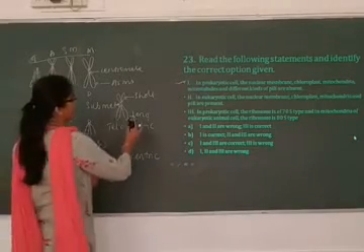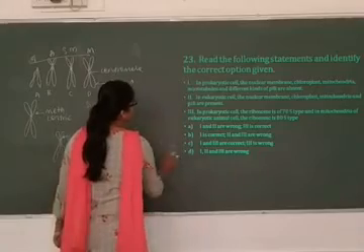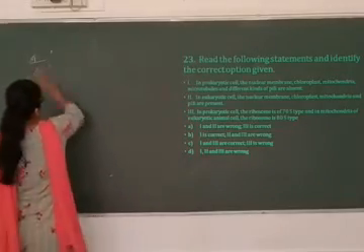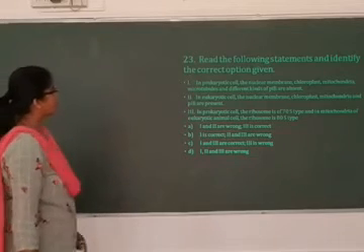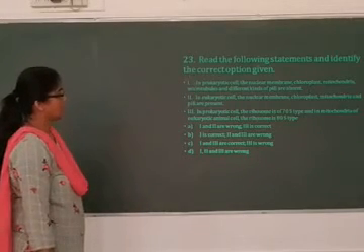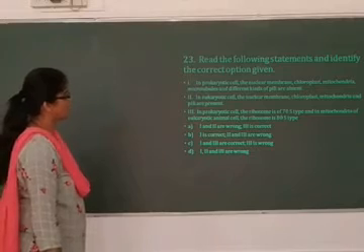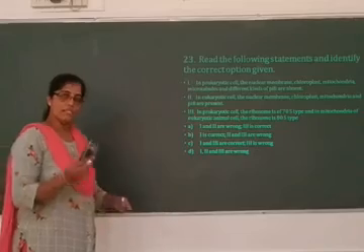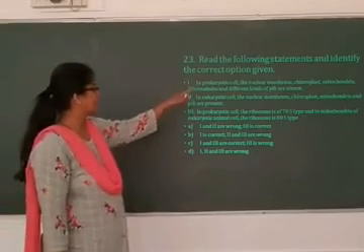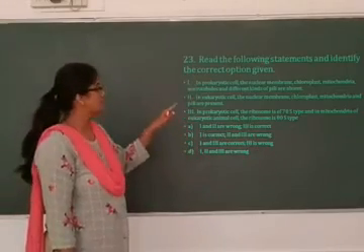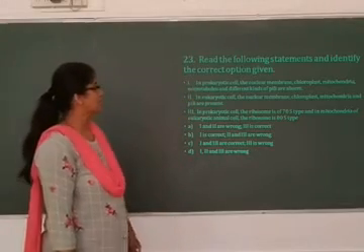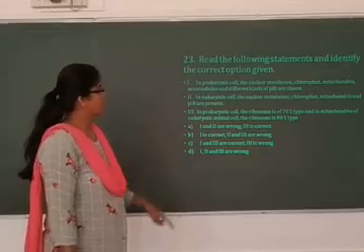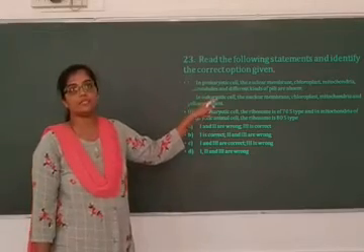Read the following statements, identify the correct options. The first statement: in the prokaryotic cell, the nuclear membrane, chloroplast, mitochondria, microtubules, different kinds of pili are absent. Of course, in prokaryotic cells nuclear membrane, chloroplast, mitochondria and microtubules are absent, but pili are present.